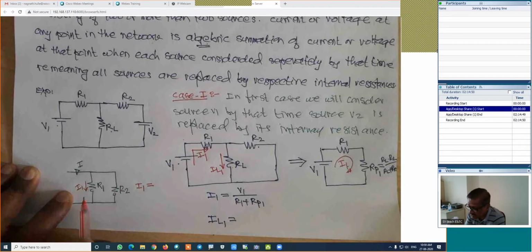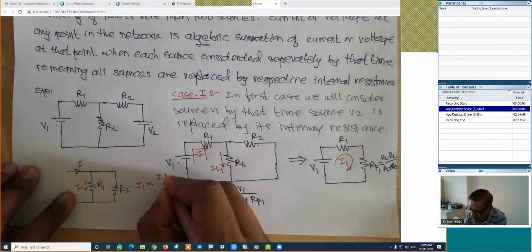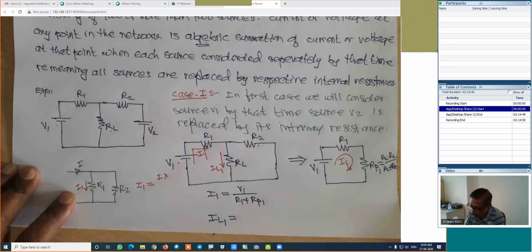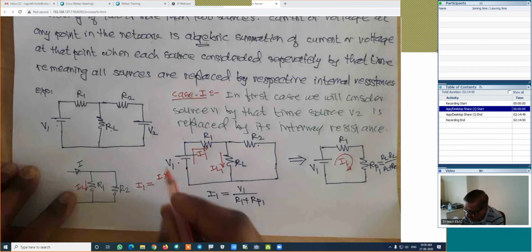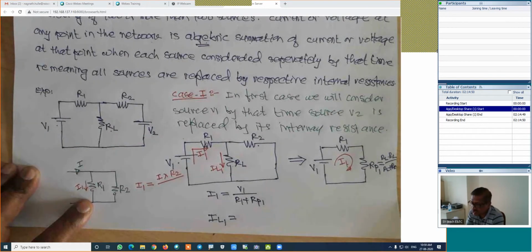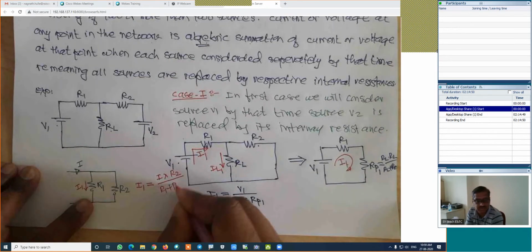This I1 is equal to the total current I into the resistance of the opposite branch. We can apply this rule for two parallel branches. To find the current in this one, the opposite branch is R2. Divided by the resistance of both branches, that is R1 plus R2. This is the current division rule.